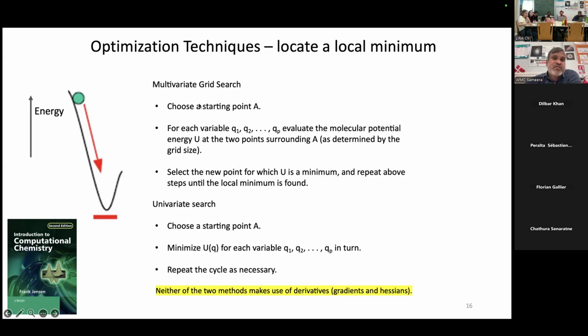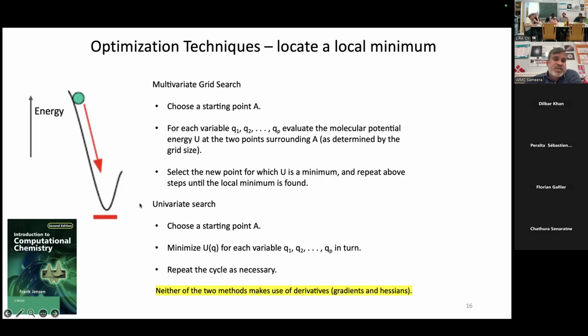You can use different computer algorithms. I'm not going to go into detail, and if you want to learn more about the energy optimization techniques, please refer to Jensen's book. So the idea is quite simple. You can compute the energy of the molecular system, and then using one of the algorithms, you can push the molecular structure towards the minimum.